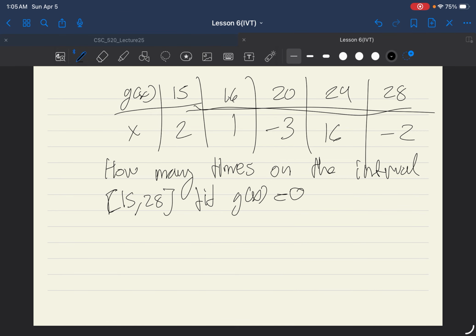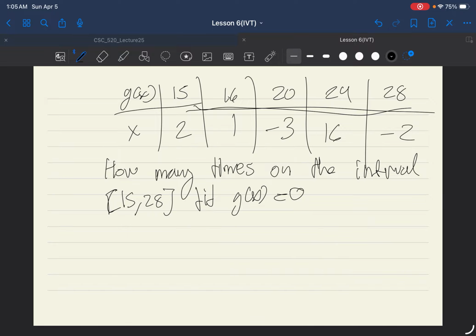But this is another use case for IVT, right? Oh, by the way, for the first one, I'll go back to that at the very end. I'll just explain something at the very end.